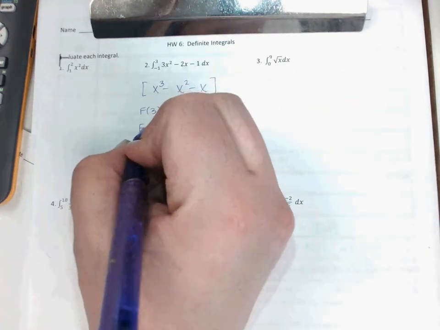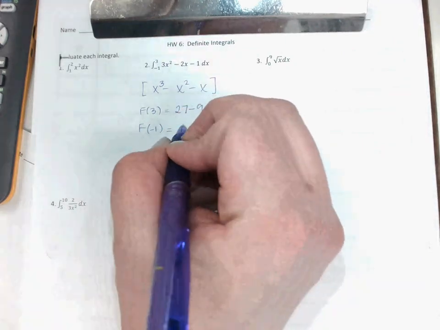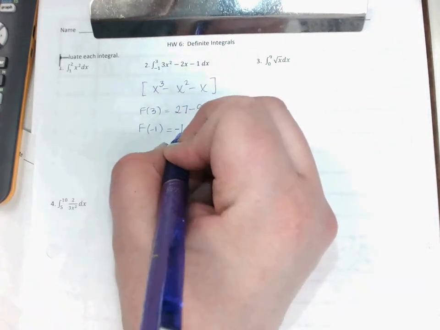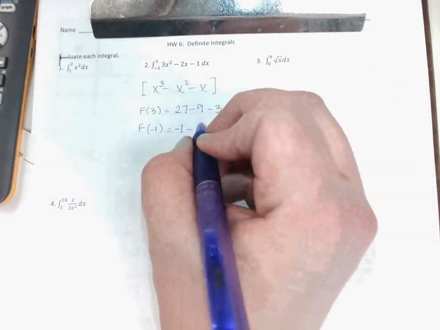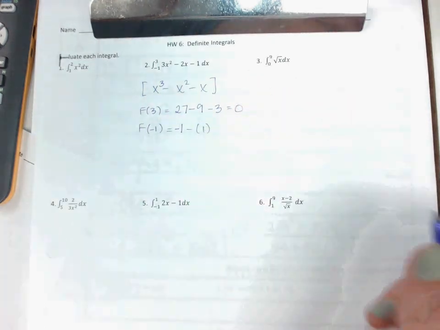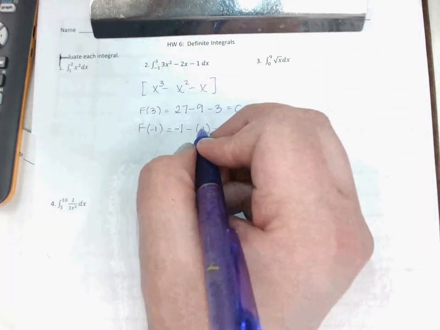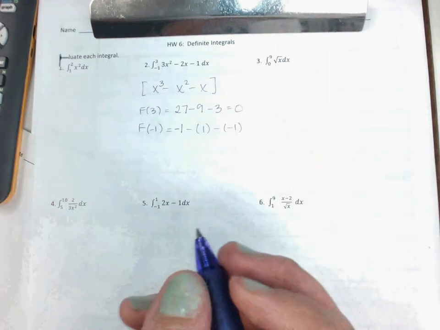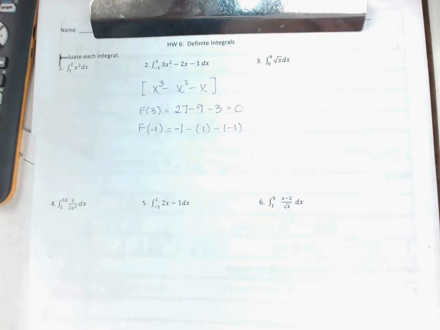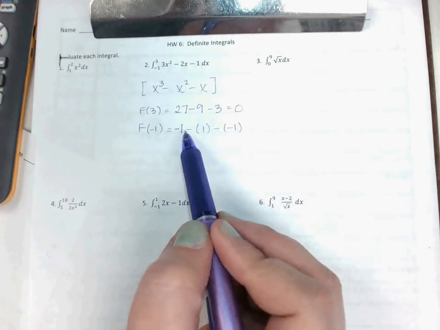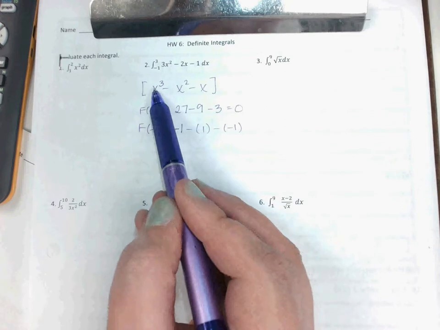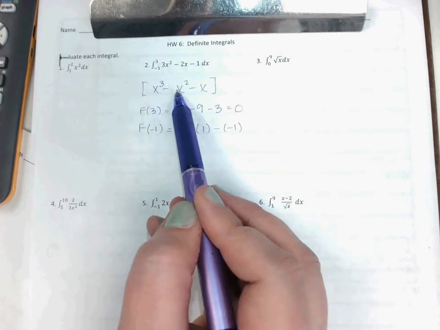Okay, then f of negative 1: negative 1 cubed is still negative. Negative 1 squared is positive. Minus negative 1. And so then negative 1 minus 1 crosses out. Oh, wait. X cubed is 27.